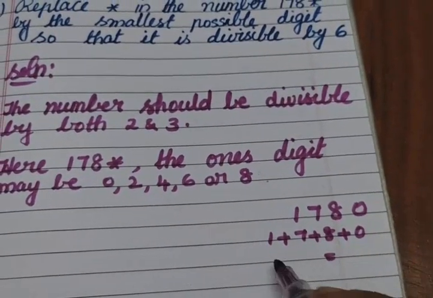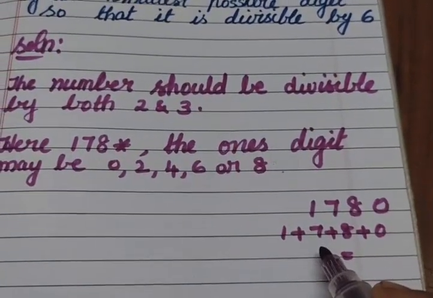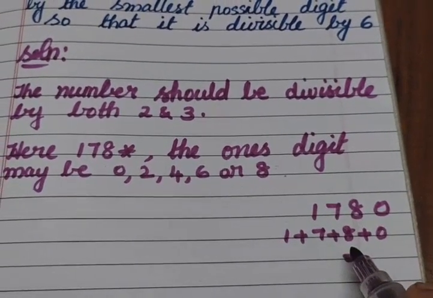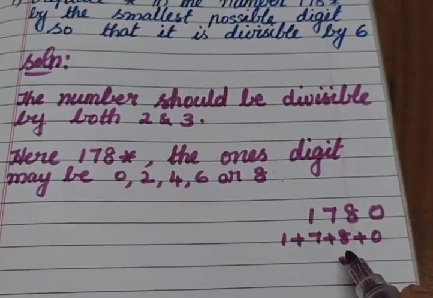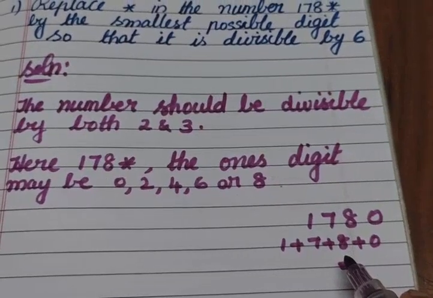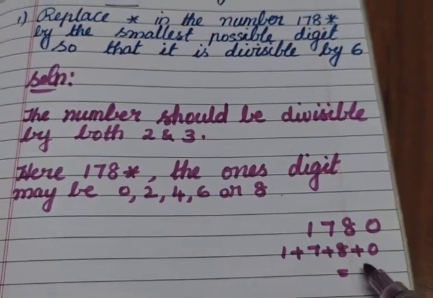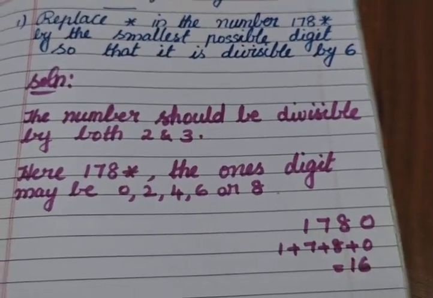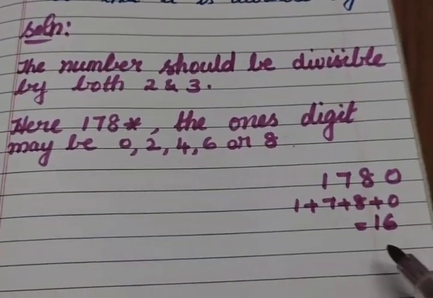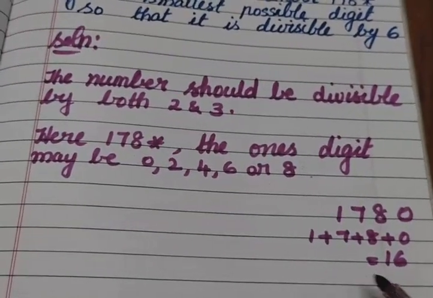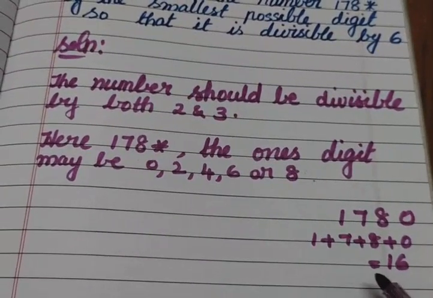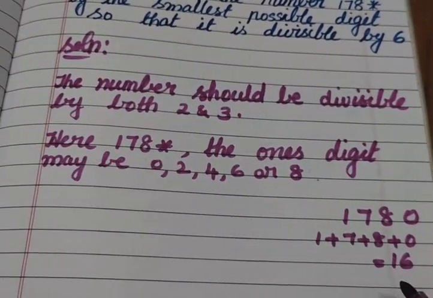What is the answer? 1 plus 7, 8. 8 plus 8, yes, 16. 16 plus 0, 16. The sum is 16. Is 16 divisible by 3?